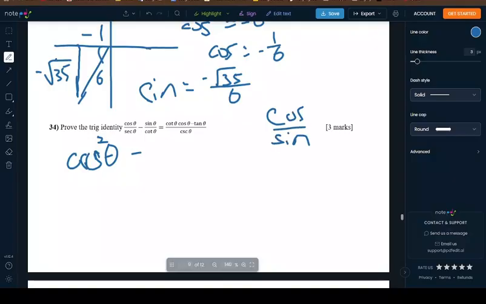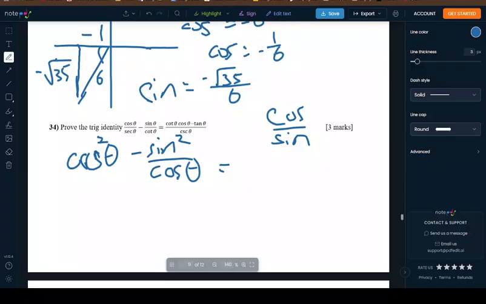And sine divided by that is sine times sine over cos. So we're having sine squared over cos theta. Alright, so I start on the left. You guys can pick to start on the right, which is also a valid choice. Or if you want, you can start on both sides. I don't usually do that.